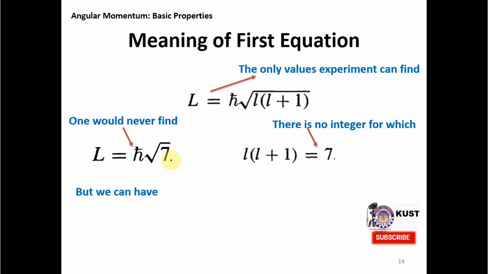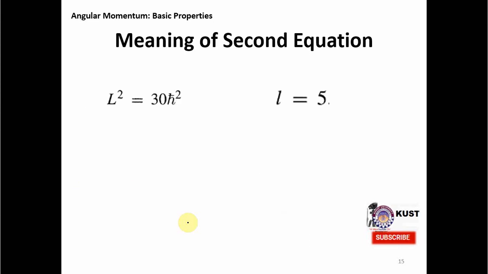On the other hand, you can have the value L square equal to 30 h bar square, because you can find an integer L equal to 5, and putting it over here gives you 6 into 5 equal to 30. So that's possible, and experiments have been done which actually found the electron with L square 30 h bar square. This is one of the direct proofs of the correctness of quantum mechanics. So then what is the meaning of the second equation?